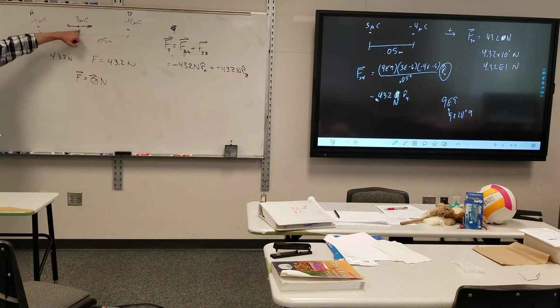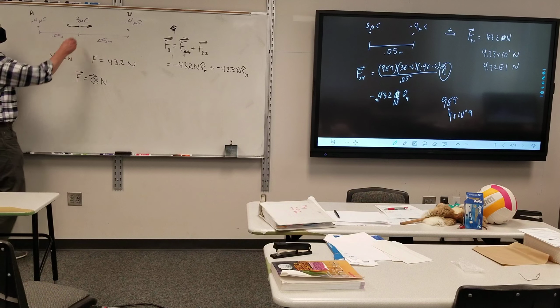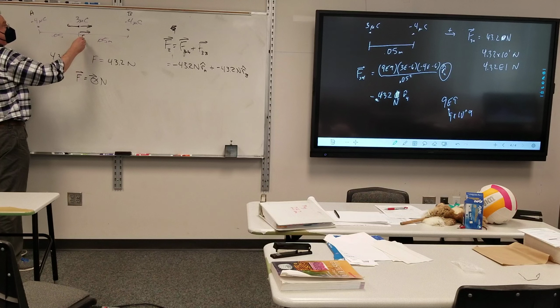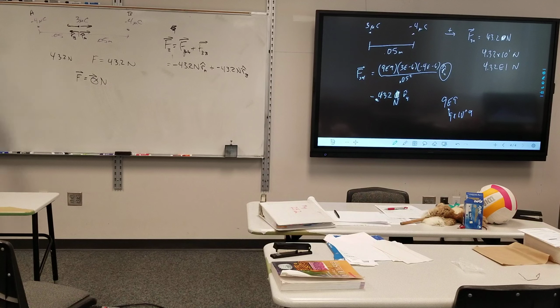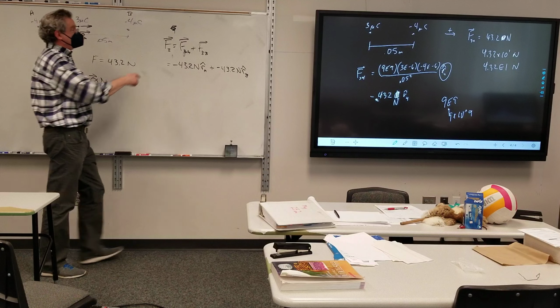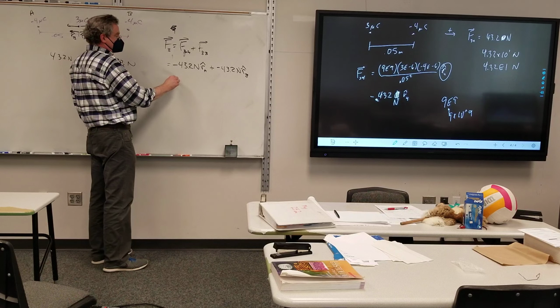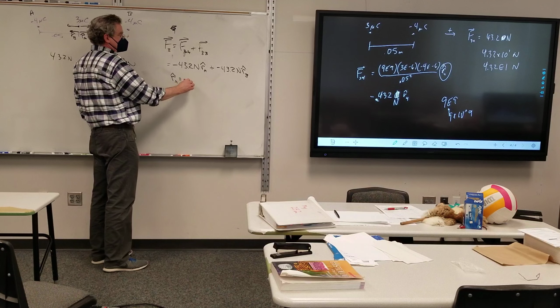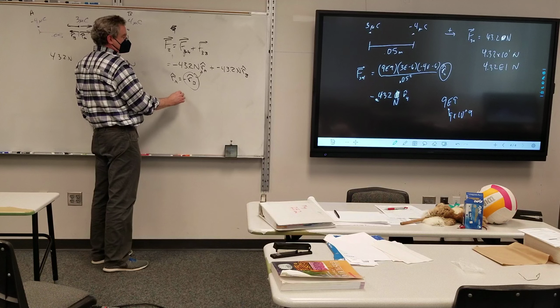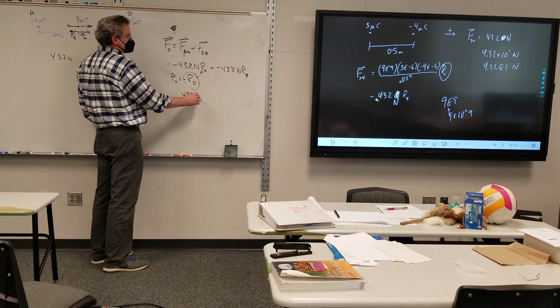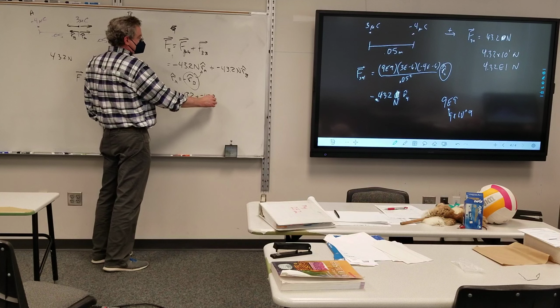At this point, our A hat goes that way and our B hat goes this way. They're opposite directions, so I know that A hat is equal to negative B hat. Now if you plug that in, you end up with 43.2 plus negative 43.2.